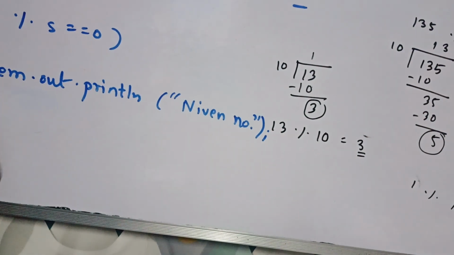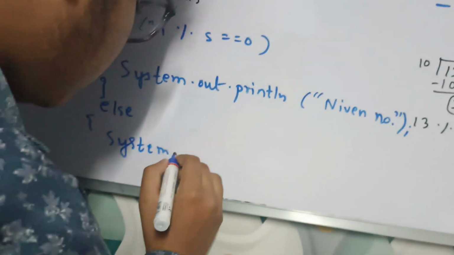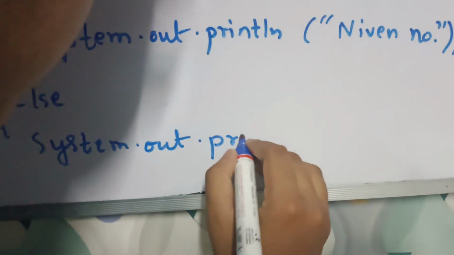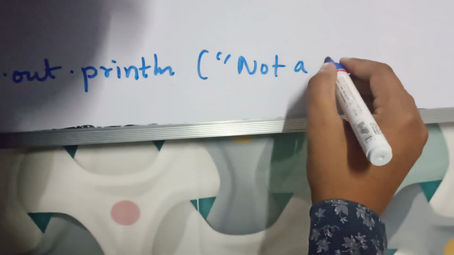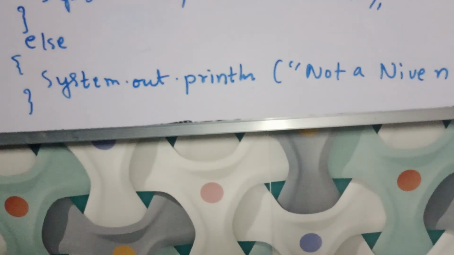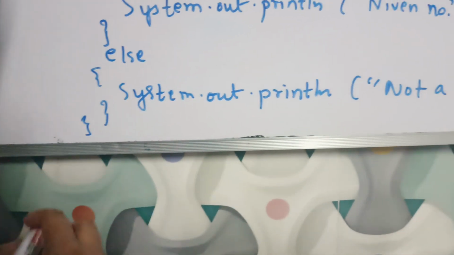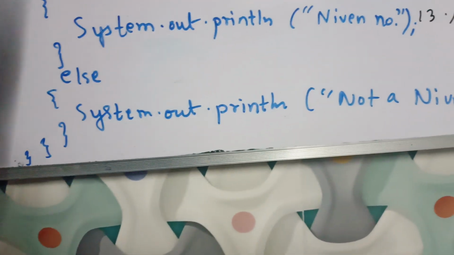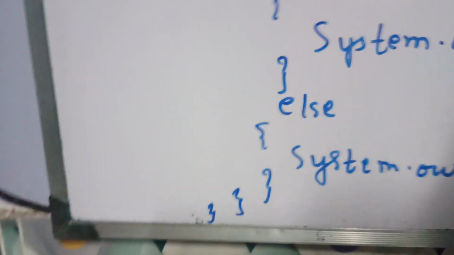Else, System.out.println, not a Niven number. And thus we close the bracket of else, and the bracket of for is already closed, then the bracket of public class and the bracket of class. So this is our program, the program we did using a for loop.